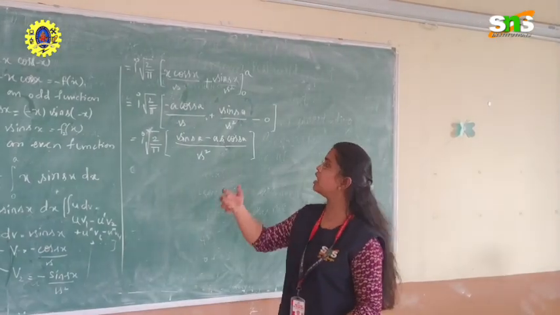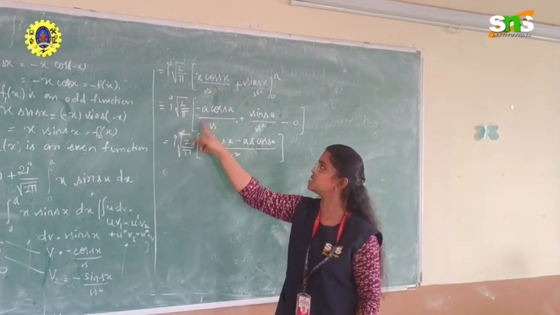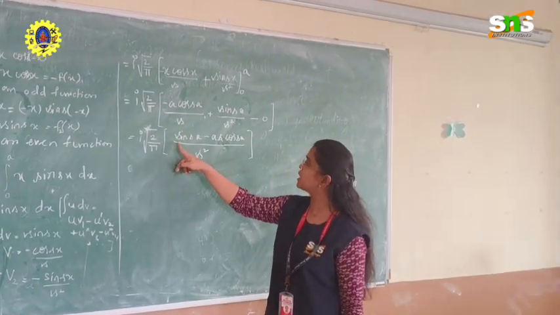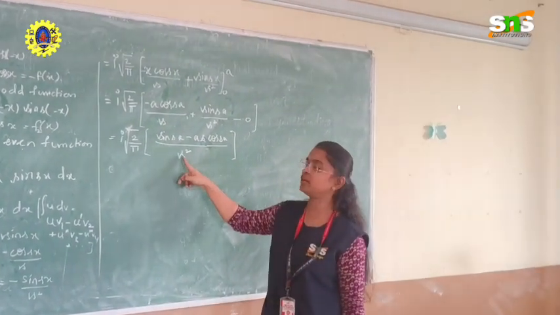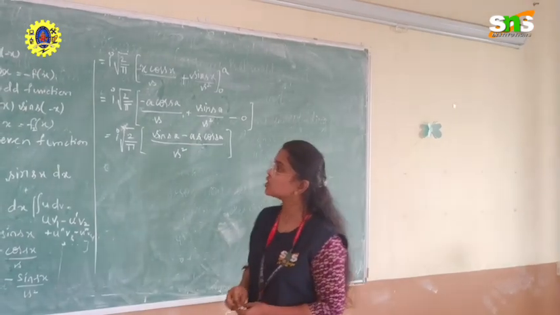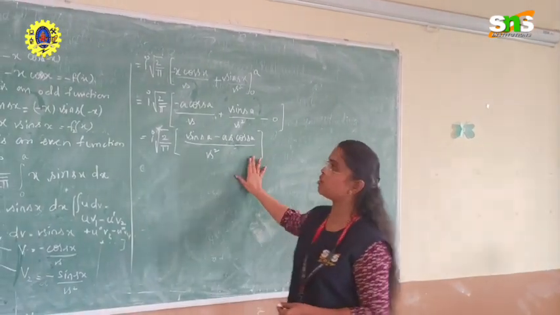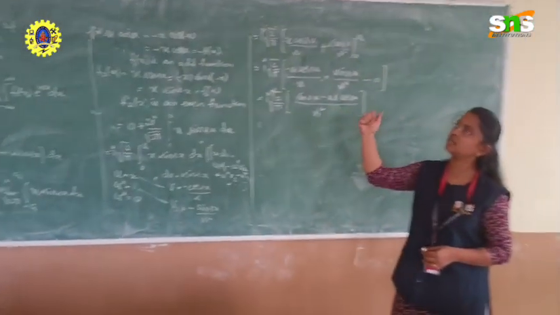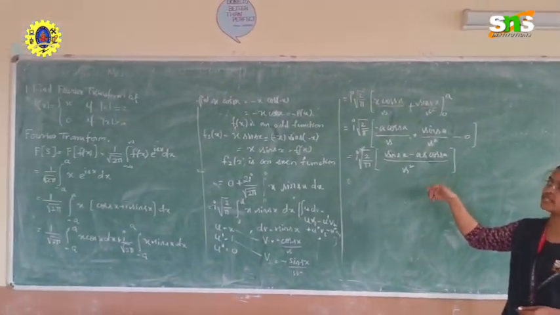If I multiply and divide this term by s, the numerator becomes s square, so that I can take the common denominator as s square. So this is your Fourier transform of the given function f of x is equal to x, if the limit is modulus of x less than or equal to a.